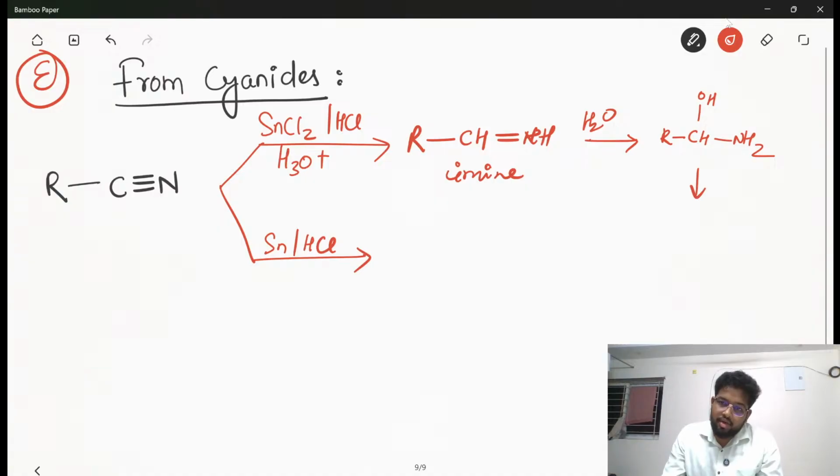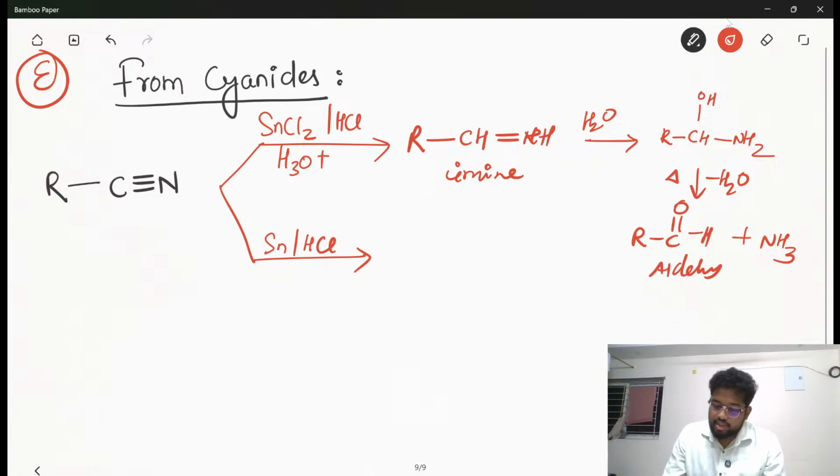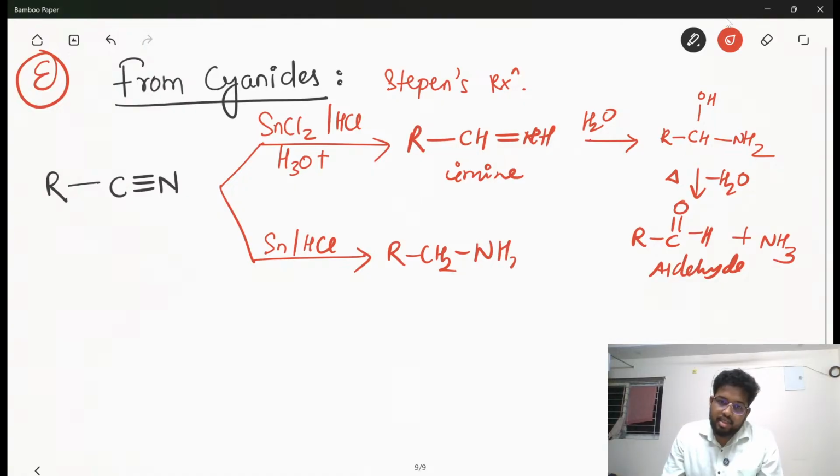Now removal of a water molecule in a correct way releases ammonia upon heating and we get the respective aldehyde. This is also known as Stephen reduction. Whereas if you treat with only Sn/HCl, you directly get amine.